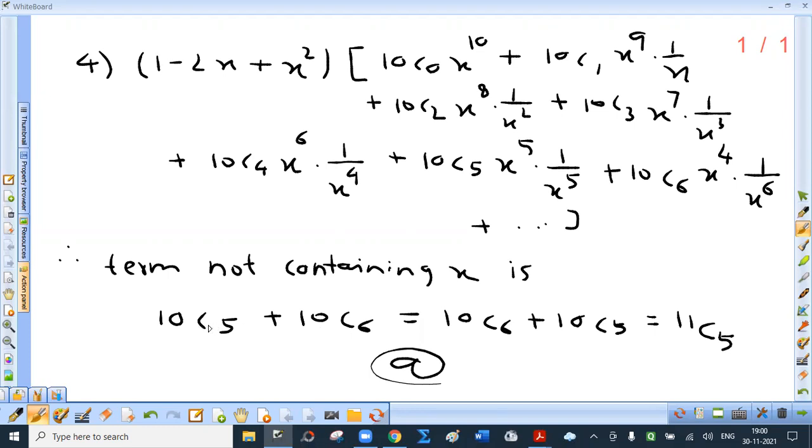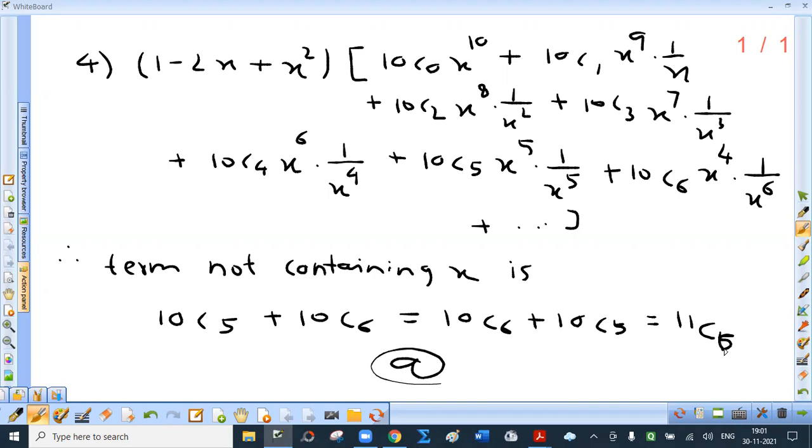You may evaluate this, but if you know the result, nCr + nC(r−1) is (n+1)Cr, that is why I have written 10C6 first. Just a minute. See, this is nCr, right? nCr + nC(r−1) is (n+1)Cr. I'm sorry, this is 11C6.